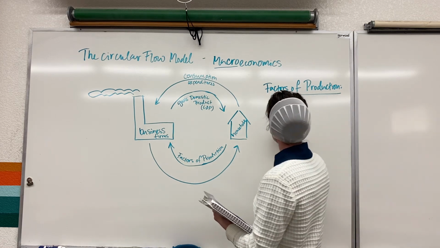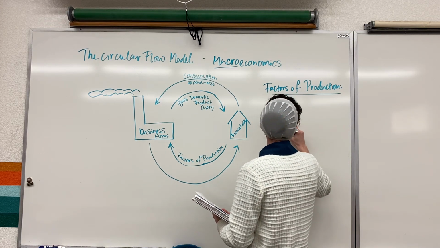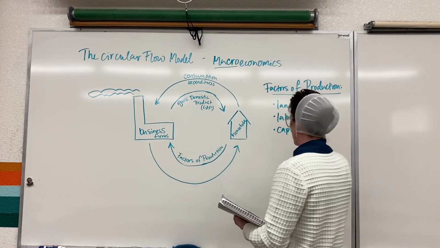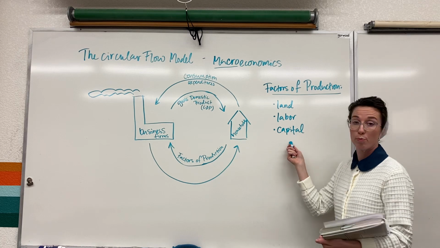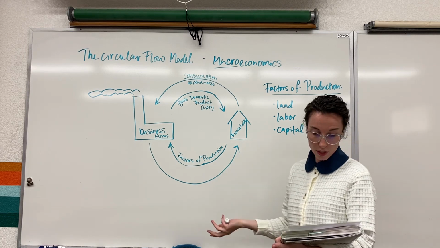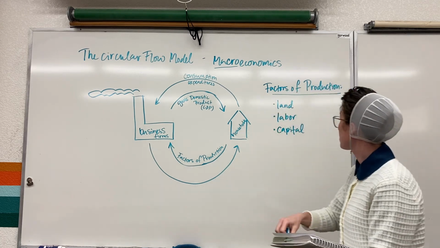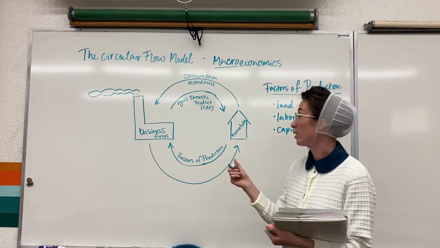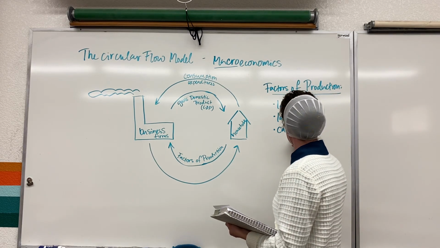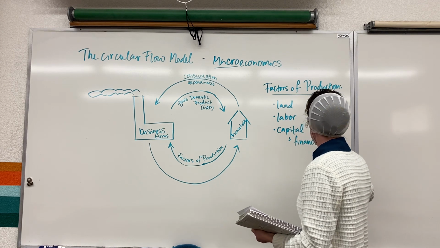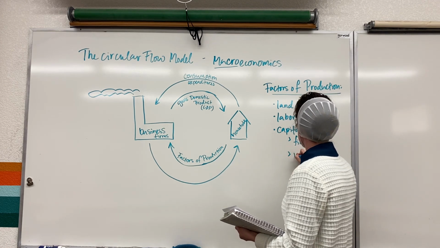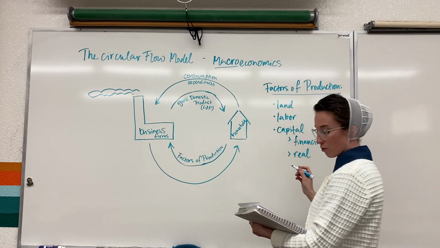Next up we have capital. Capital is goods that are used to produce other goods. There's two types of capital, financial capital and real capital.